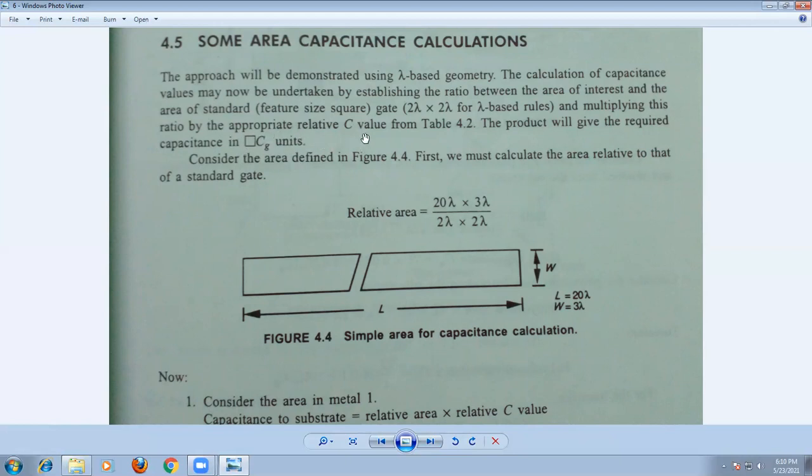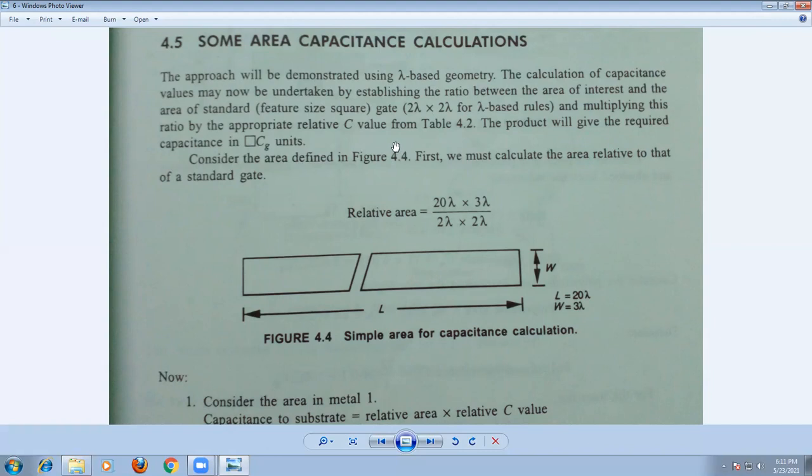Once again, I repeat. To calculate the capacitance value for any layer, first find the relative area and multiply it with the relative value of the C from the table, which gives the capacitance value in square Cz units.